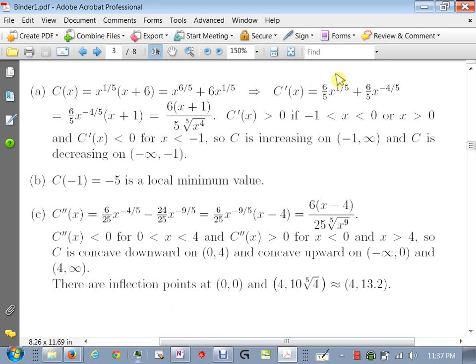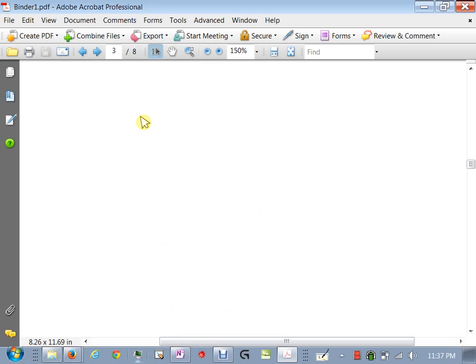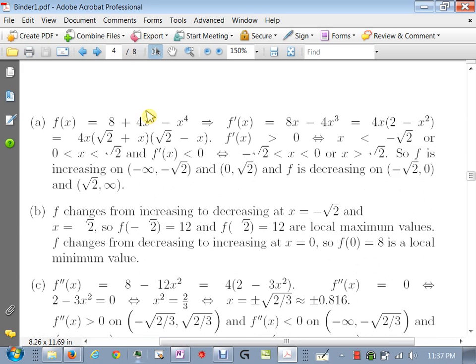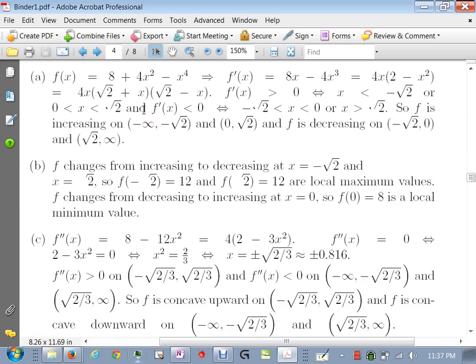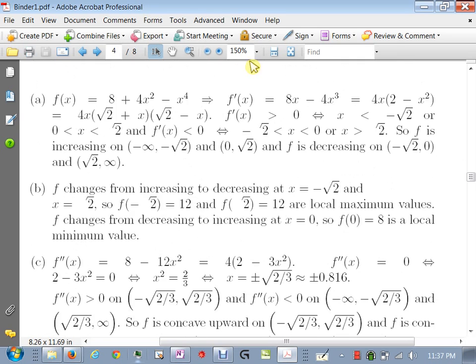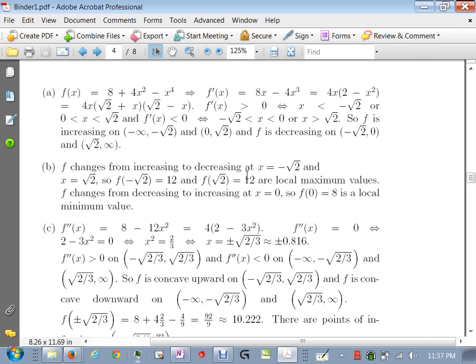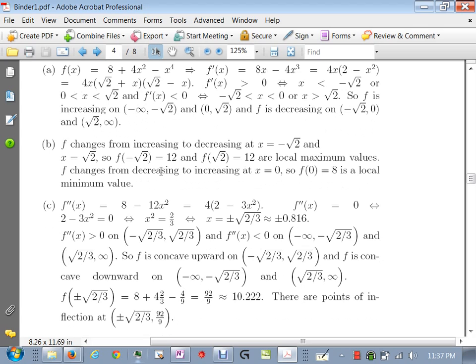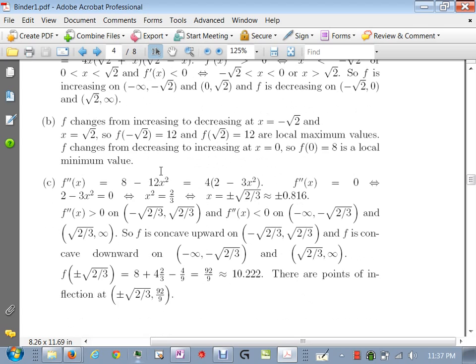And then we get to the next page. Okay, I think that was the next problem. I think this one was number 4. I'll have to zoom down just a little bit. Okay, so there's your function, there's your derivative. You can figure out where you're increasing and decreasing, where you have local max and local min.